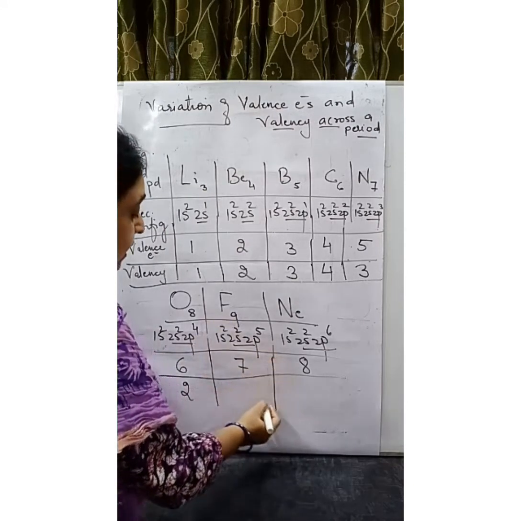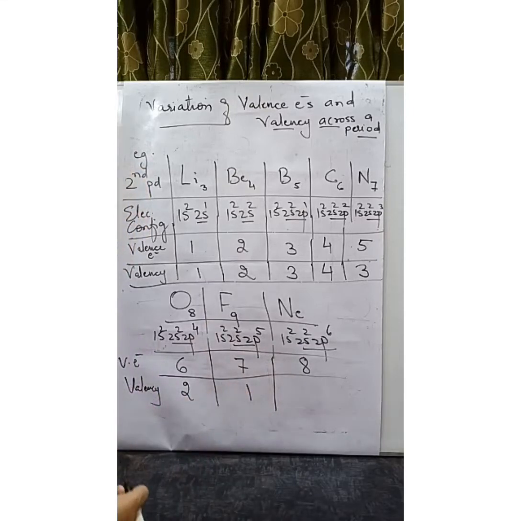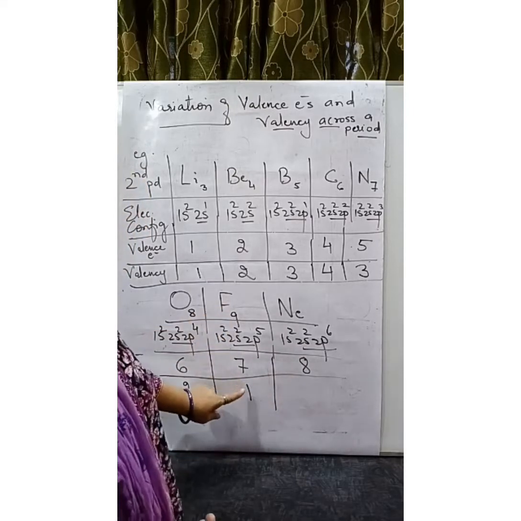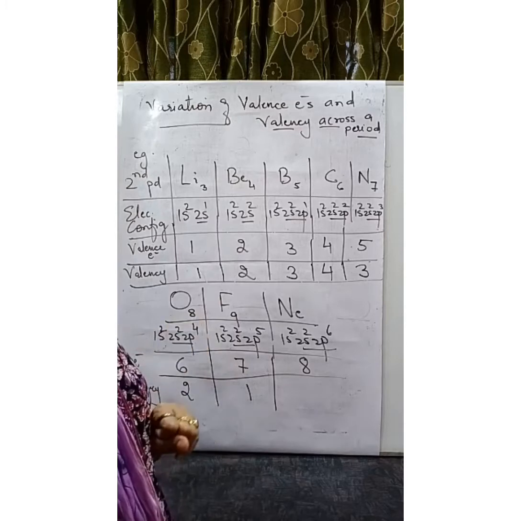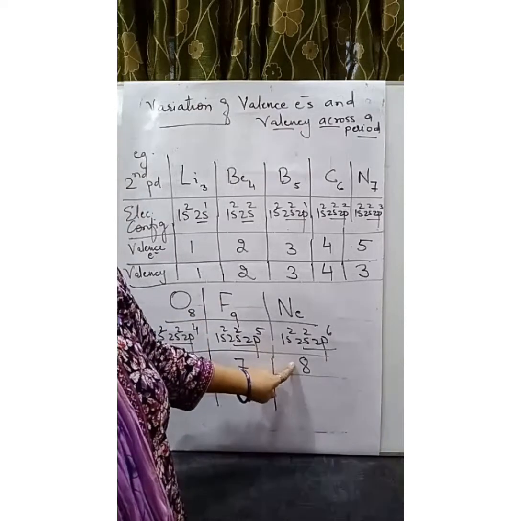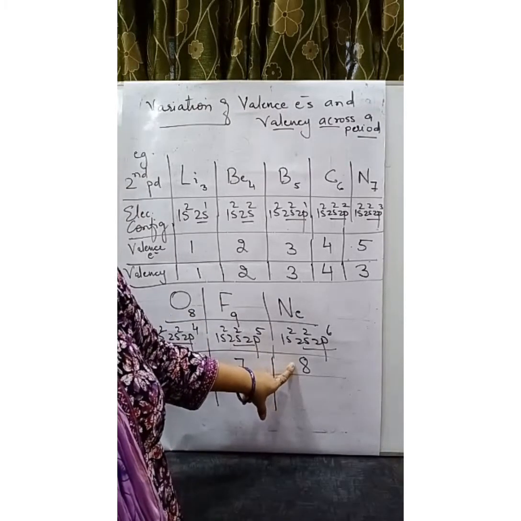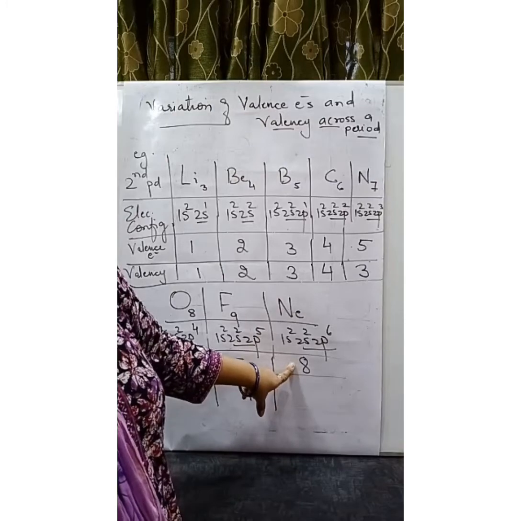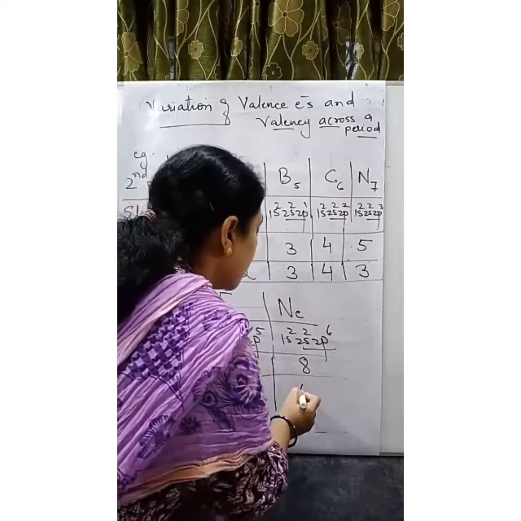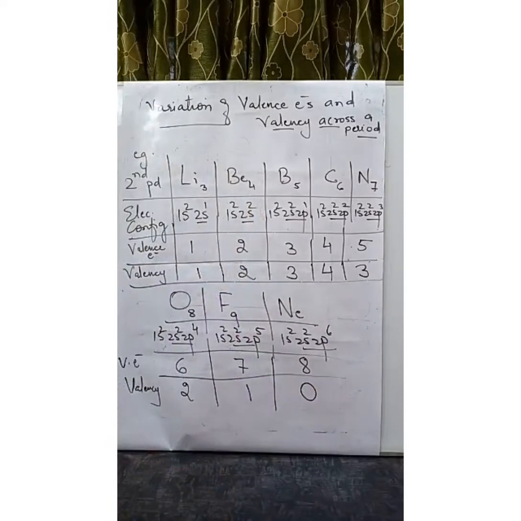For fluorine, valency is 1 because fluorine prefers gaining rather than losing 7 electrons. Neon is not interested. It already has a complete stable octet, so it will not prefer to lose or gain electrons. So valency is 0.